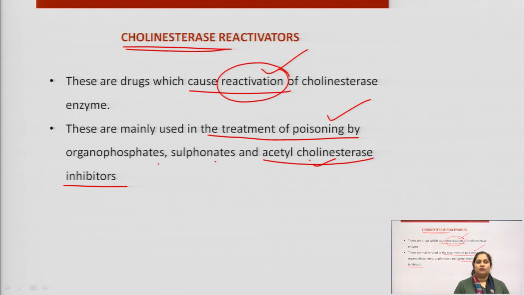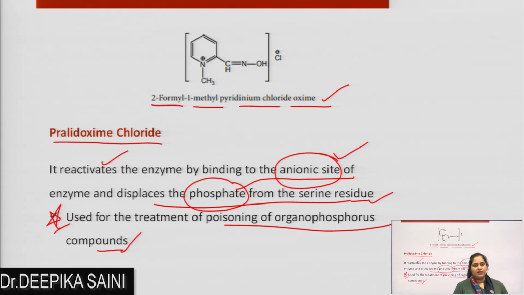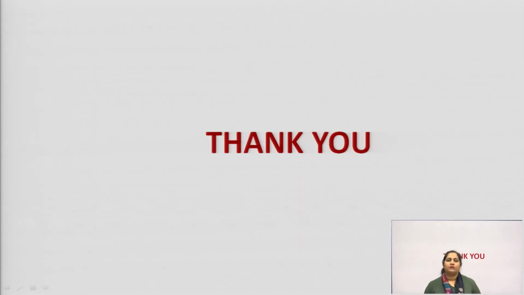The example is pralidoxime chloride. It will reactivate the enzyme, it will again bind to the anionic site of the enzyme and replace the phosphate from the serine residue. Basically, it is used in the treatment of poisoning by organophosphorus compounds. Thank you very much.